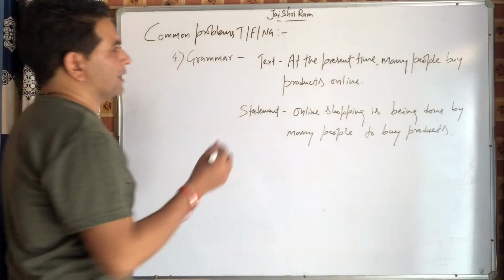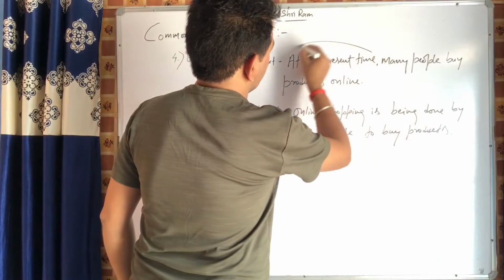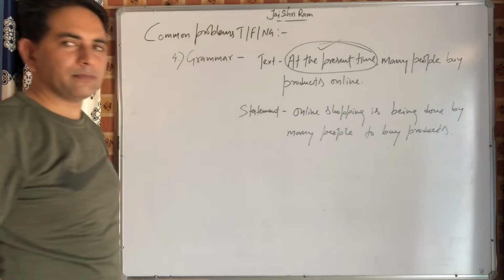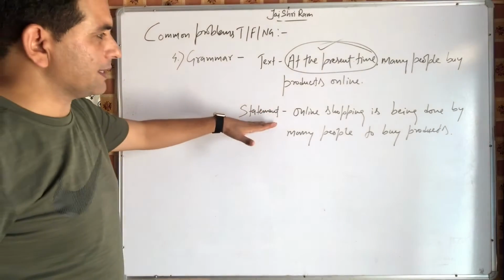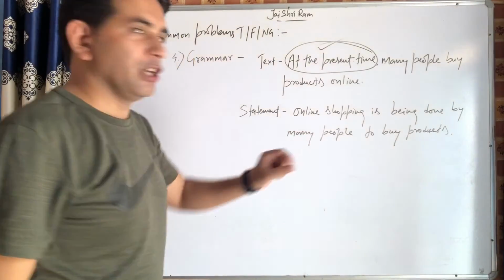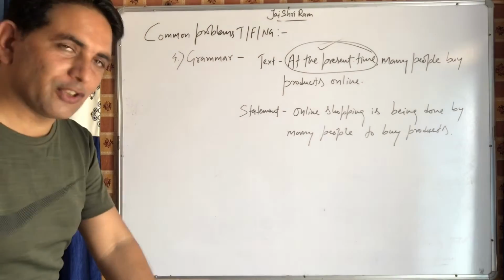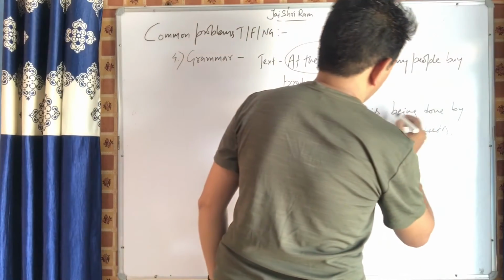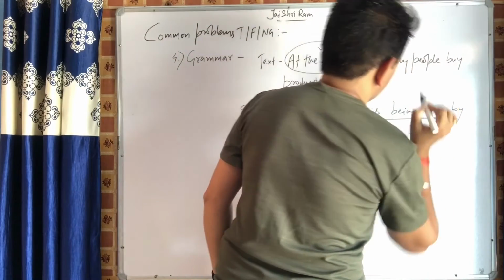So in the text you can see at the present time, we are talking about time period, but here in the statement you cannot see any kind of time period. So you need to focus on grammar, and you can see here online shopping is being done.